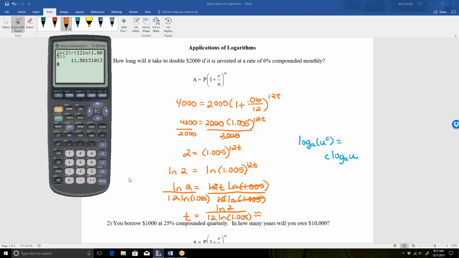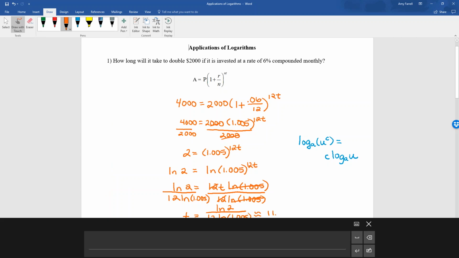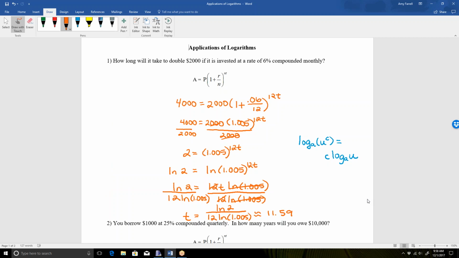Technically, I should round that up to 11.59 years. This is because if I round down to 11.58, I won't quite have my $4,000 just yet. I'll be really close to $4,000, but not exact, or not $4,000 or more.